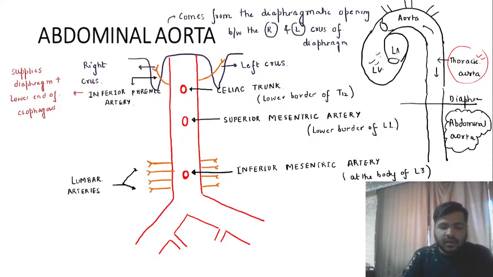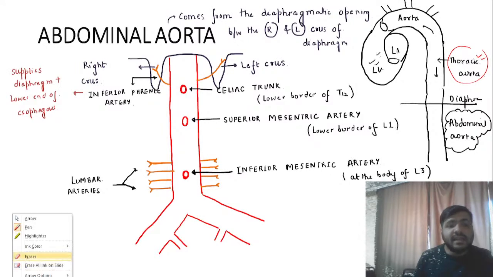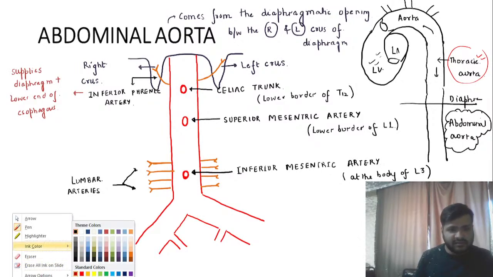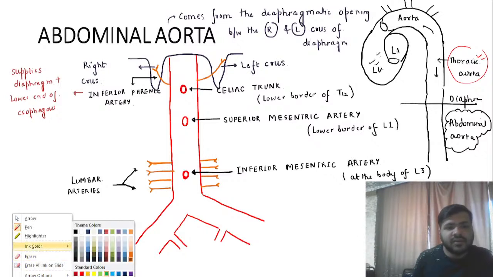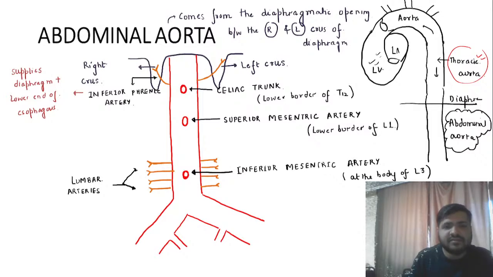Okay. Now, guys, remember, we have three lateral visceral branches. Okay. We already know we have an organ in the human body that is called the kidney, right?